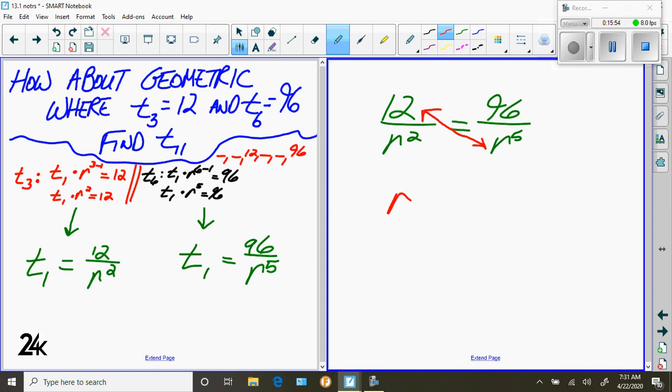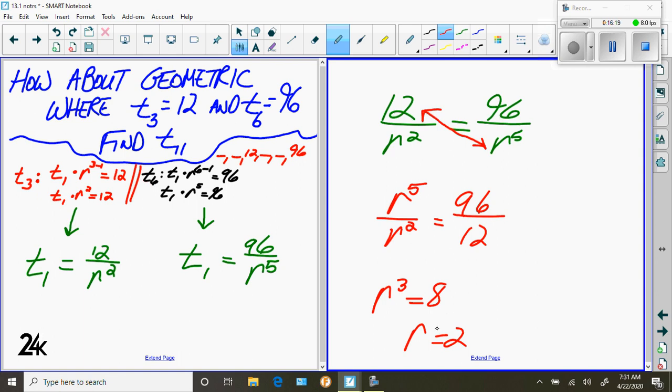So that would be r to the fifth over r squared equals 96 over 12. Well, I can actually divide that. That's r to the third. And I can actually divide that. That's 8. So I can do the cube root of 8 and figure out what the ratio is. It's 2. Okay.